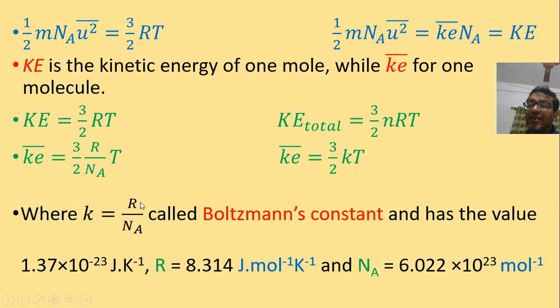R is the gas constant, and its value is 8.314 joule per mole per Kelvin, and Na is 6.022 × 10^23 per mole, the Avogadro's number. So we get a new constant, called the Boltzmann constant, which is the ratio of the gas constant and Avogadro's number.